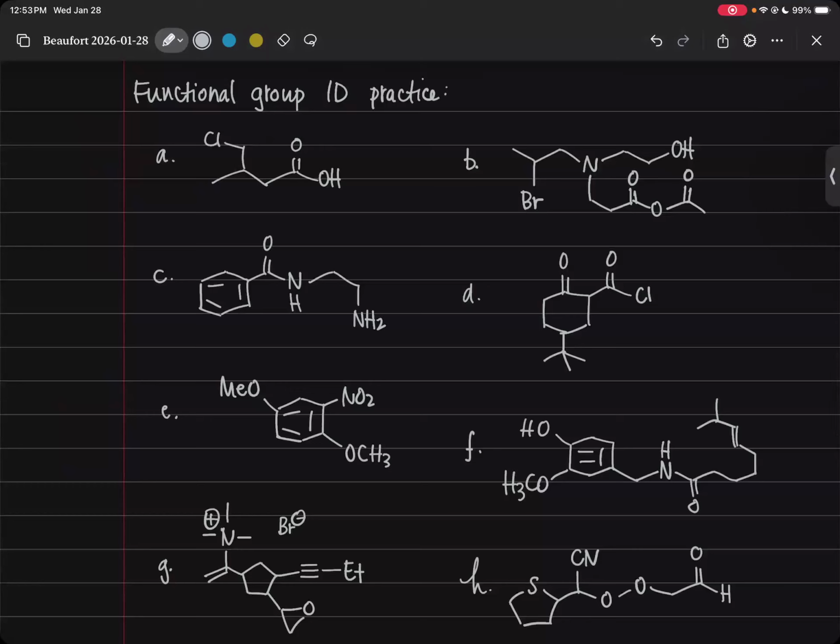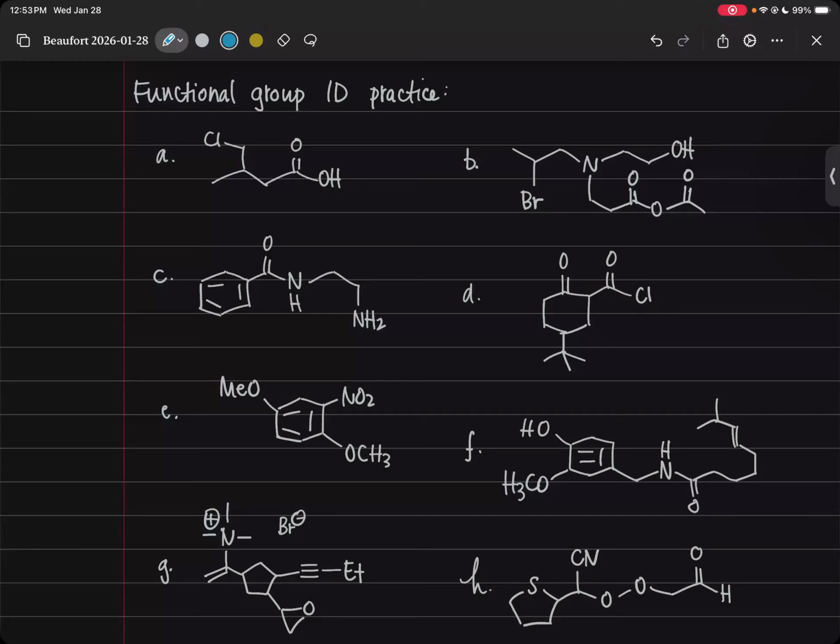So you'll need your chart for this. So go ahead and work with the folks next to you and label as many functional groups as you can in these molecules. The one thing I would say as you're going through these is make sure you don't just look at the interesting atoms in the functional group. Make sure you look 1 or 2 atoms to the side to make sure that you don't have a more complex functional group.